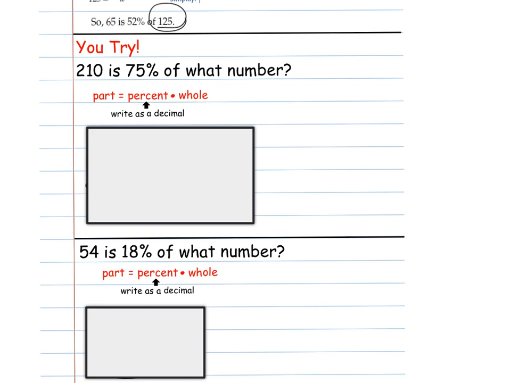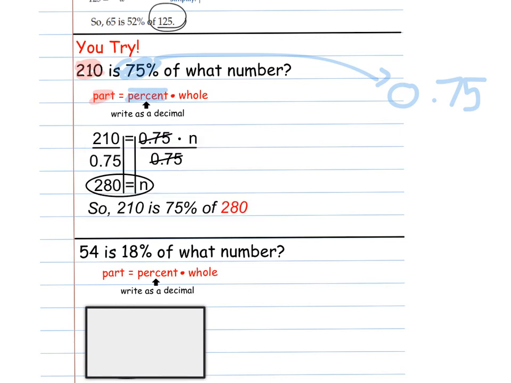So 210 is 75% of what number? 210 is our part, and 75% is our percent, and we need to write it as a decimal. 75% is 75 hundredths. So we're going to fill in what we know into our percent equation.